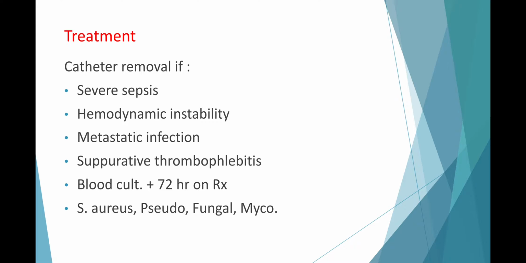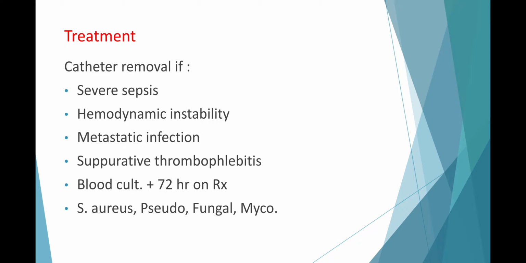Treatment. First of all, you have to decide to remove or to retain the catheter. Catheter removal is indicated if there is severe sepsis, hemodynamic instability, metastatic infection like infective endocarditis, or suppurative thrombophlebitis with purulent discharge.